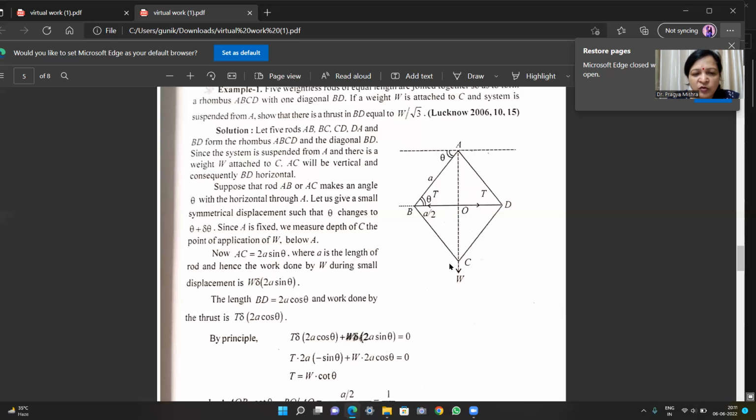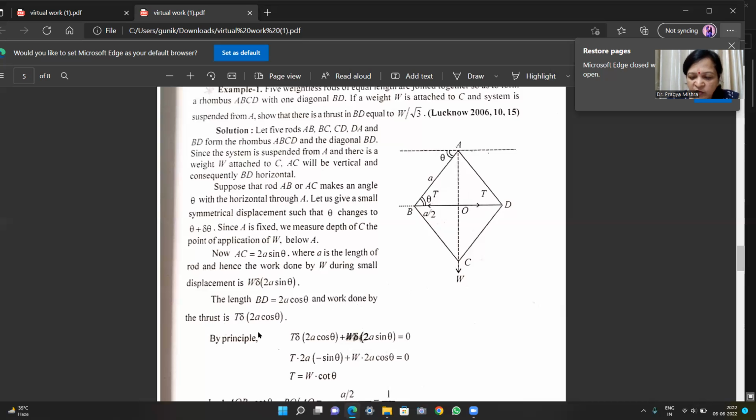So corresponding to this, the work done during small displacement is W delta 2a sin theta, and work done by thrust of this rod. Thrust of this rod will be T delta length of the rod. So the work done by the thrust is T delta 2a cos theta.